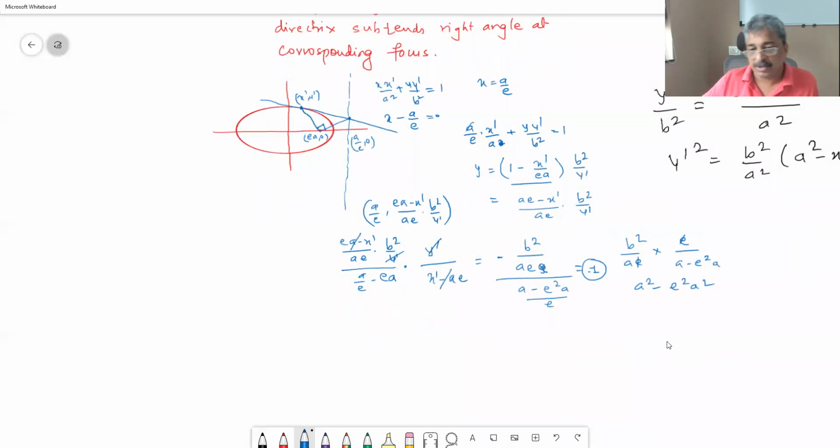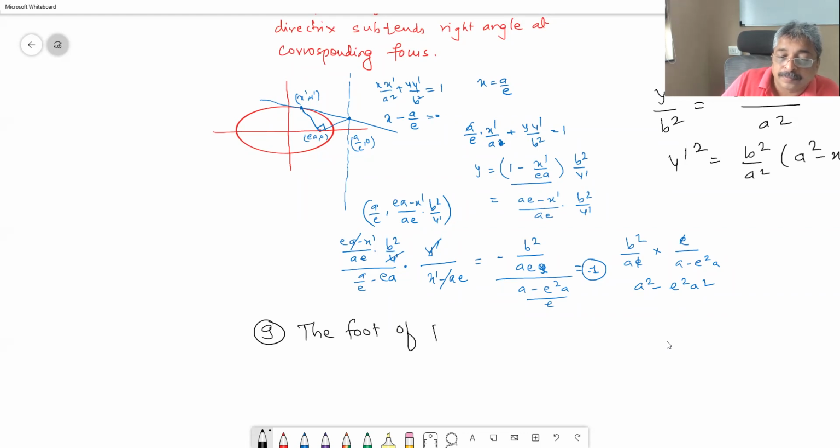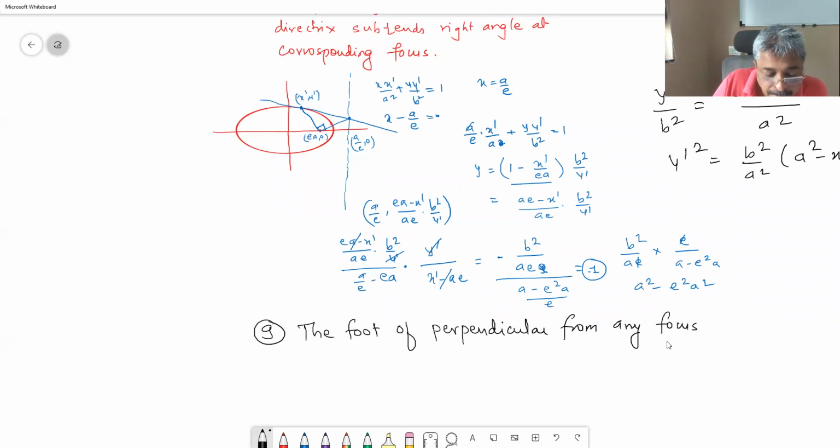Next problem. Property number 9. The foot of perpendicular from any focus on the tangent to ellipse lies on auxiliary circle.